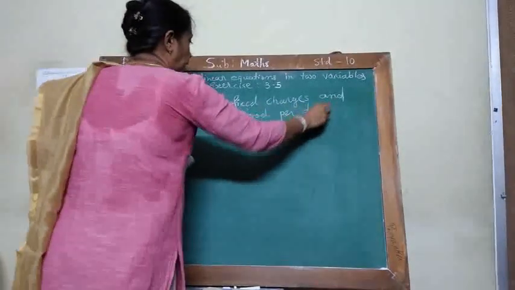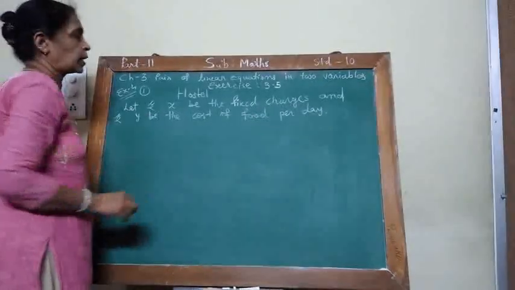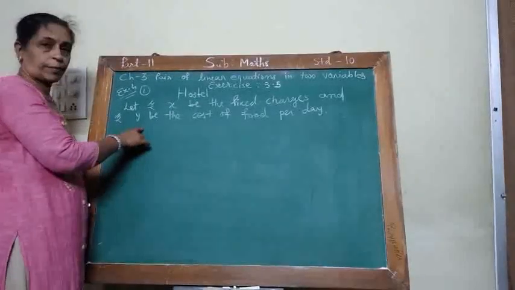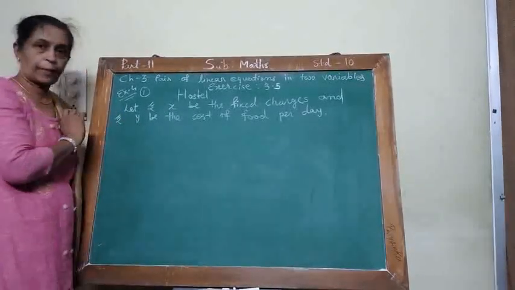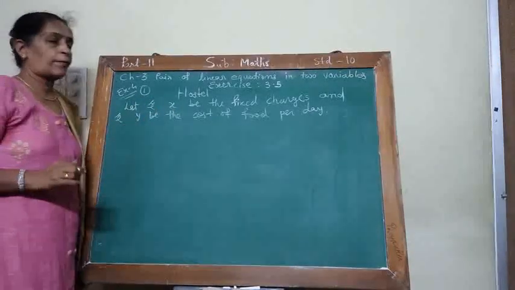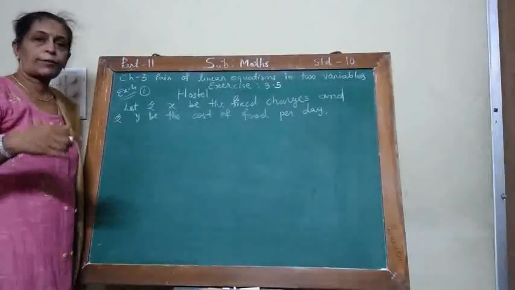The very important thing in this sum is which variable you take as X and which you take as Y. We can select X and Y from the last statement.